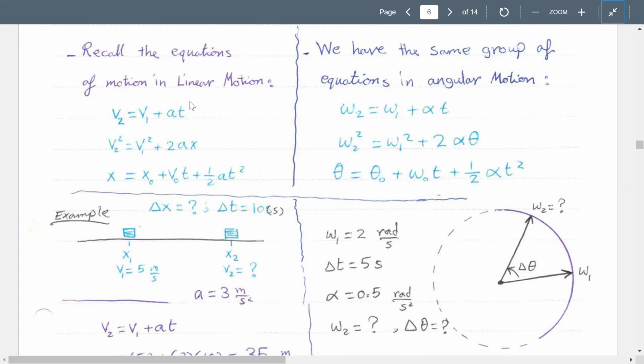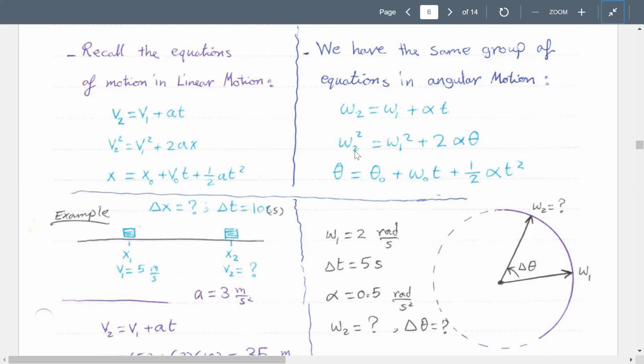Now, these equations are the same, but in rotational or angular motion. We have omega 2 equal to omega 1 plus alpha t. It is the same, but the velocity is omega, the acceleration is alpha.